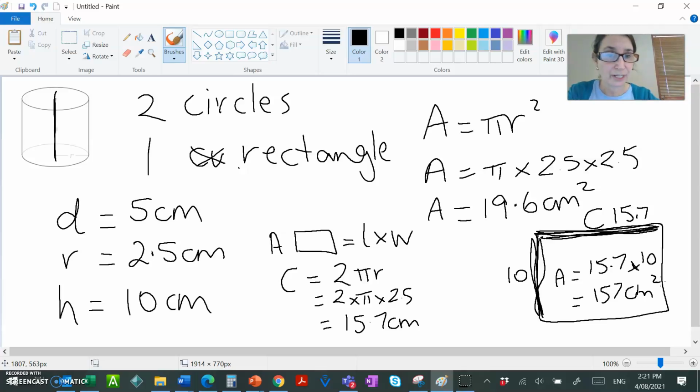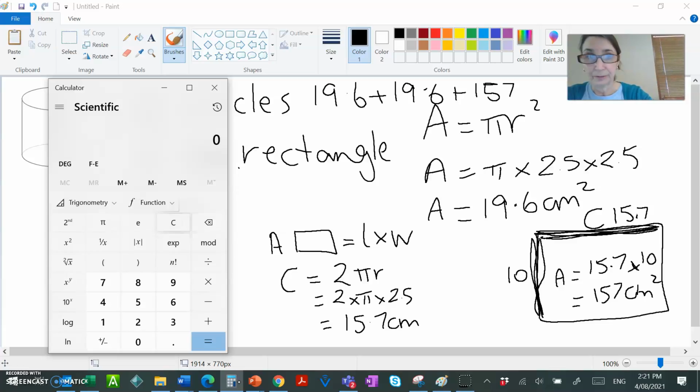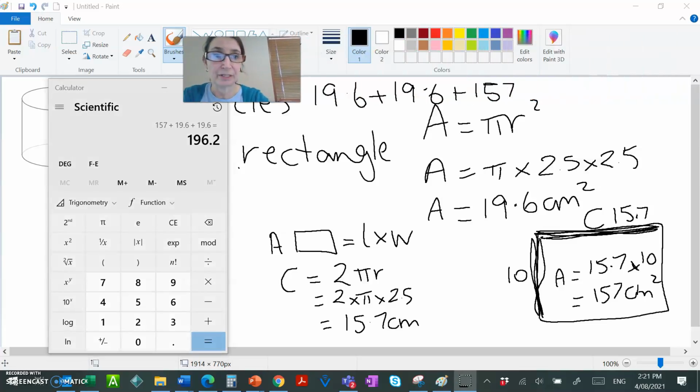And the way we're going to do that is we're going to get two circles, so 19.6 plus 19.6, that's the two circles. And then we're going to add our rectangle area. Bring up a calculator. 157 plus 19.6 plus 19.6 equals 196.